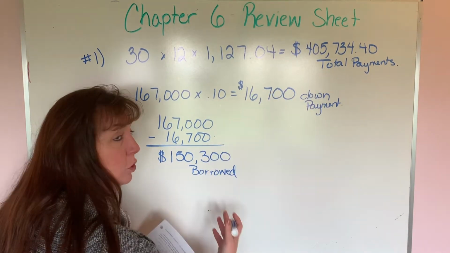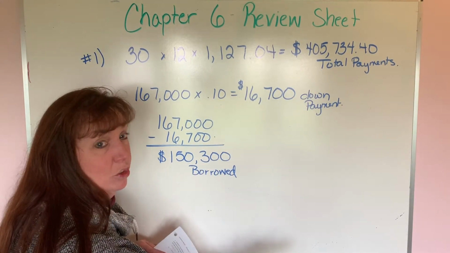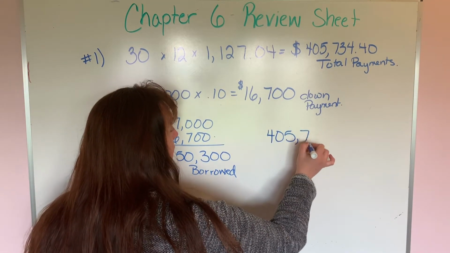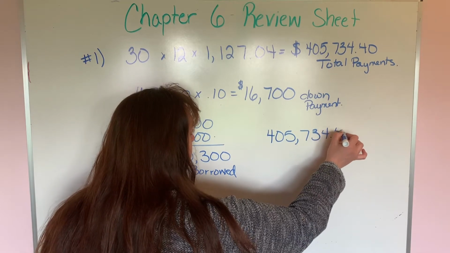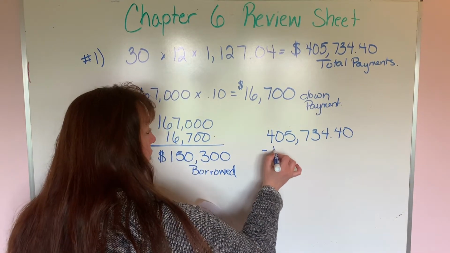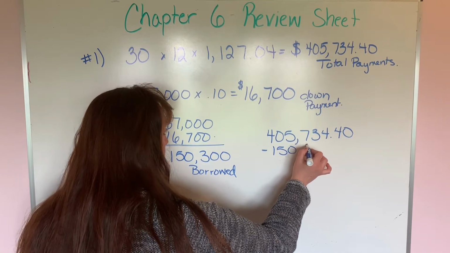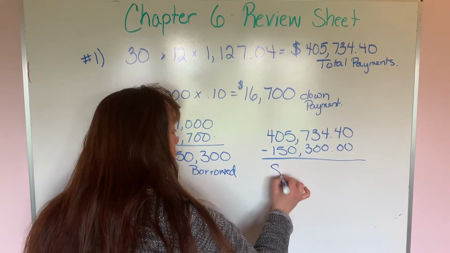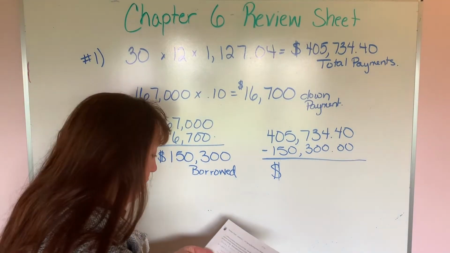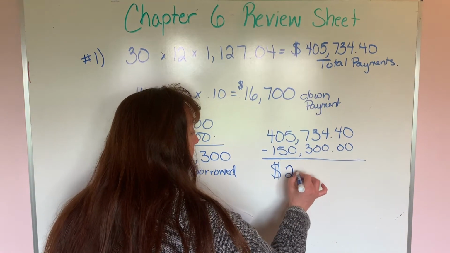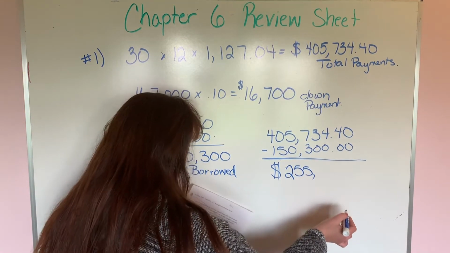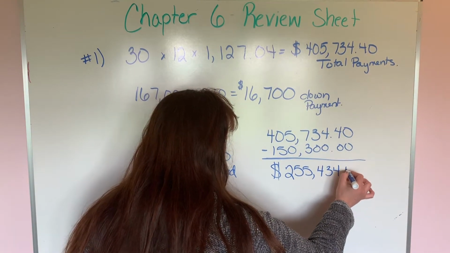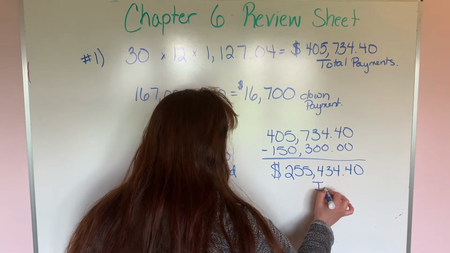The difference between this, because she had to pay this back, is the interest. So we're going to find the interest. $405,734.40 minus the $150,300. So her interest over this 30 years was $255,434.40. This is the interest.